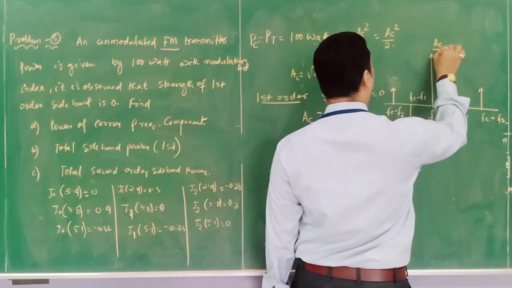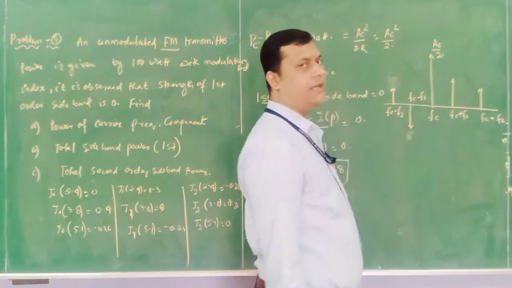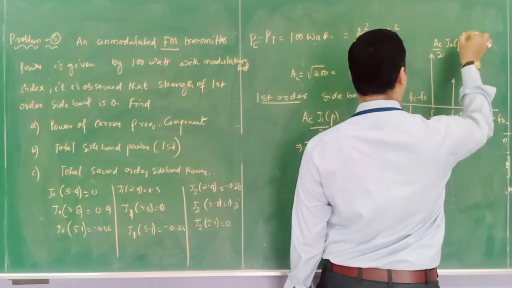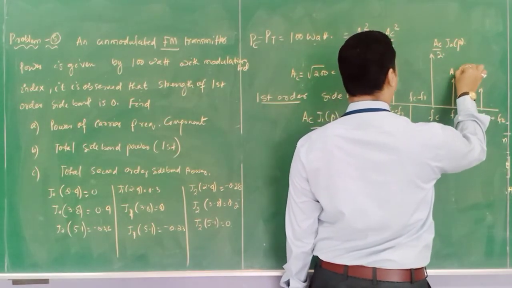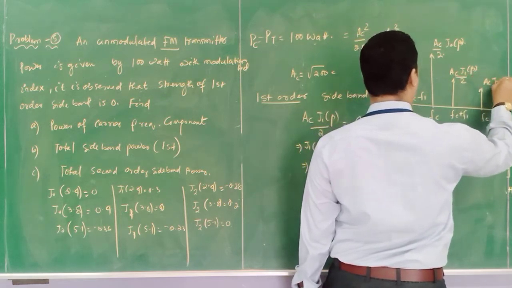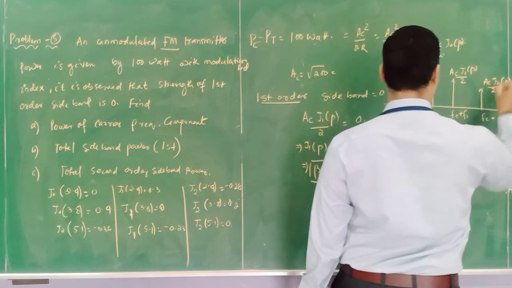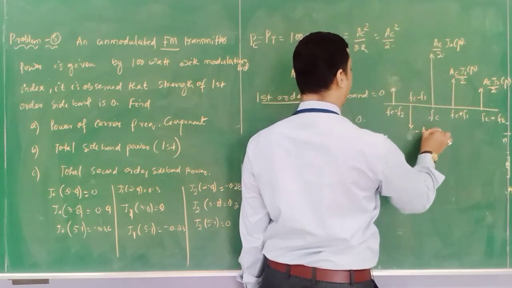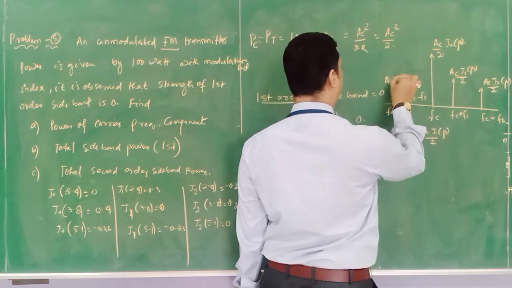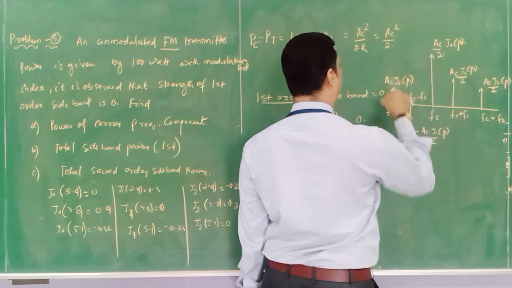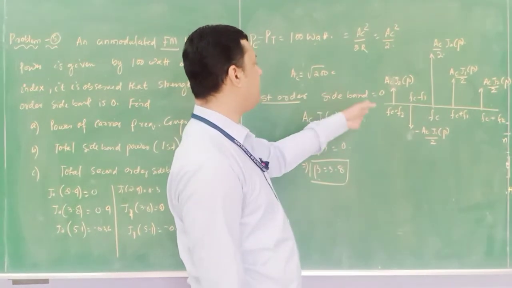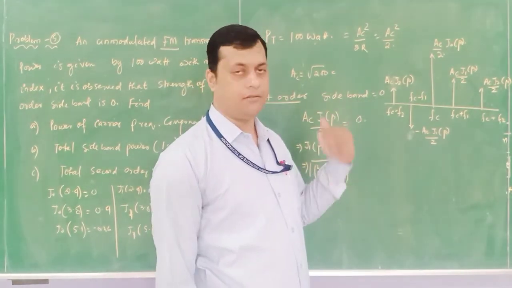This will be my Ac J0 of beta, because this is the first combination. Then this one is Ac J1 of beta by 2, Ac J2 of beta by 2. Similarly, this one is minus Ac J1 of beta by 2, and this one Ac J2 of beta. This is the spectrum. So the first order sideband, one sideband is 0, but the other sideband we need to calculate.